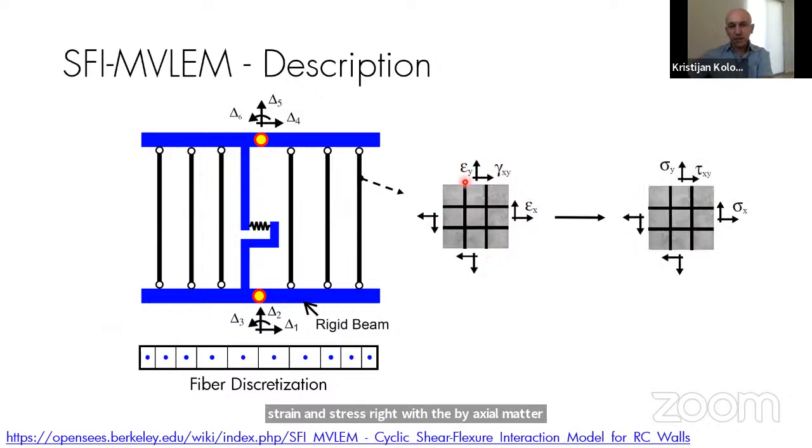This biaxial material has a plane stress type of behavior. It represents reinforced concrete, so it has both materials, steel and concrete, within one material behavior.